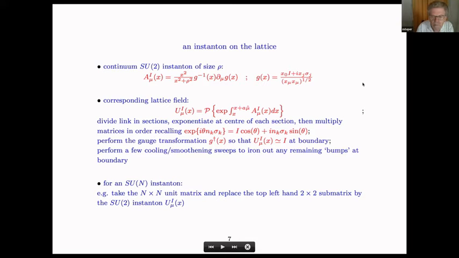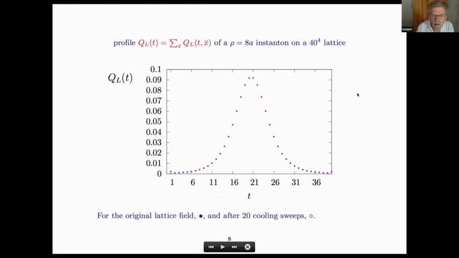So here is a profile of such an instanton on the 40 to the 4 lattice. I've given it 8 lattice spacings; rho, the width, is 8 lattice spacings. Since I can't draw for you the four-dimensional object which it really is, I give you a one-dimensional profile where I've summed up over the other 3 dimensions.